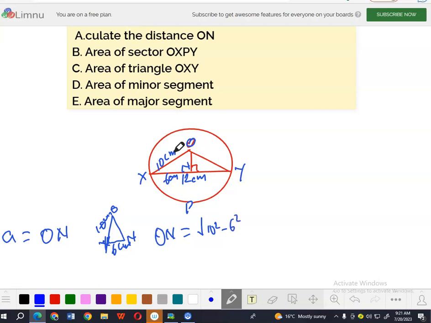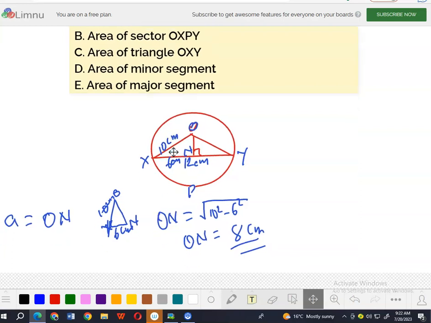So take the square root of this, and what you will get will be 8 centimeter. So ON is equal to 8 centimeter. This is option A.